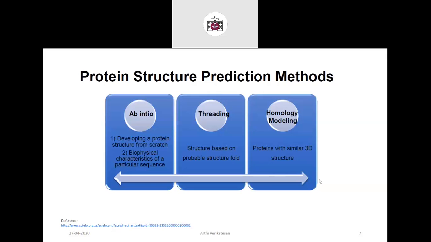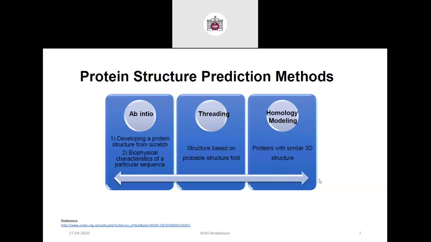In that, specifically, we have three different parts. Let's say the given query sequence is COVID-19, and you want to predict a structure for it. First we go with homology modeling if the sequence identity is 30 percent or more. If it is less than 30 percent, we'll go for threading.